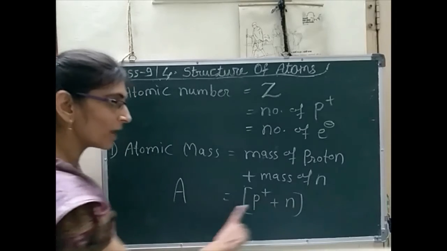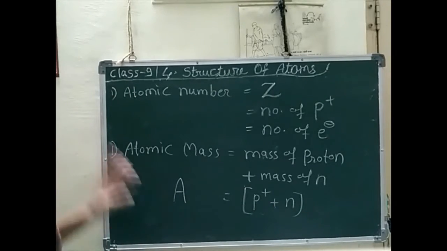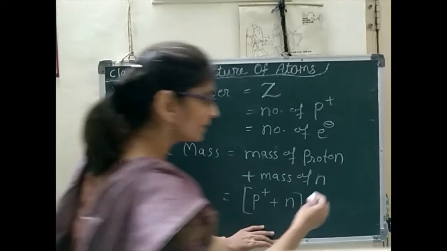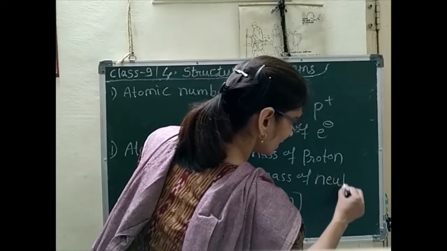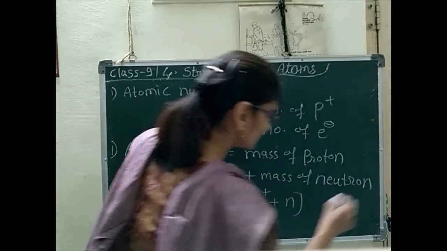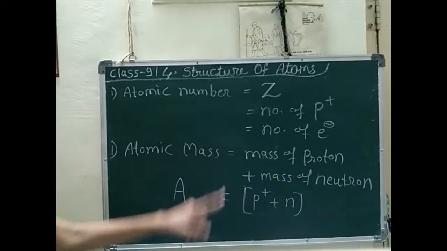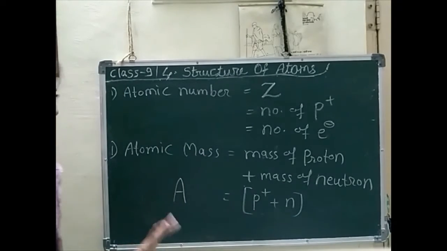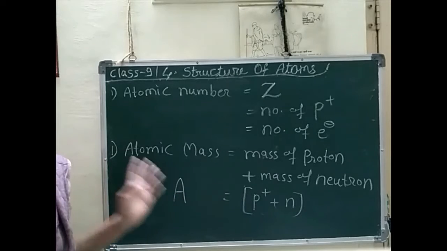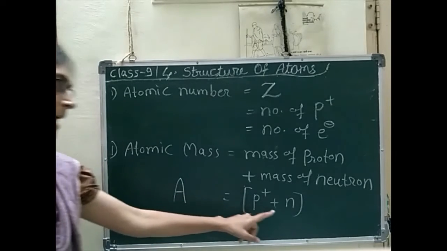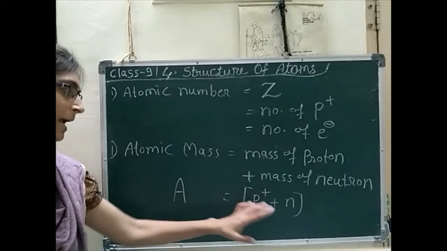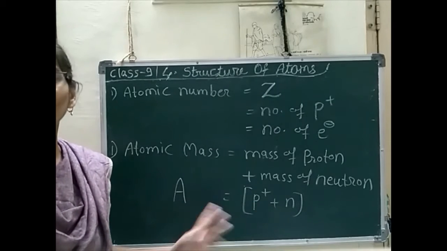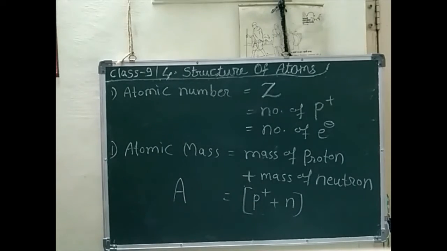From this formula we can very easily calculate the number of neutrons: A minus P.